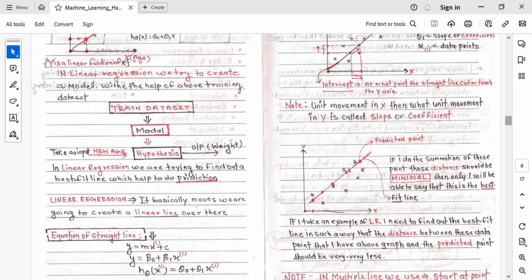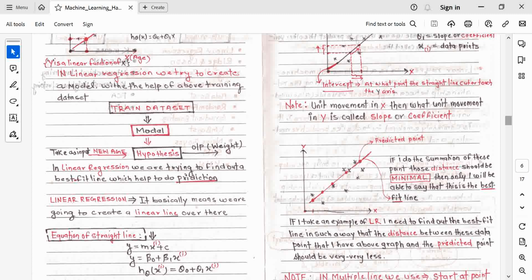In linear regression, we are trying to find the best fit line which helps to do predictions. Basically it means we are going to create a linear line. What will the best fit line be and how will it be calculated?